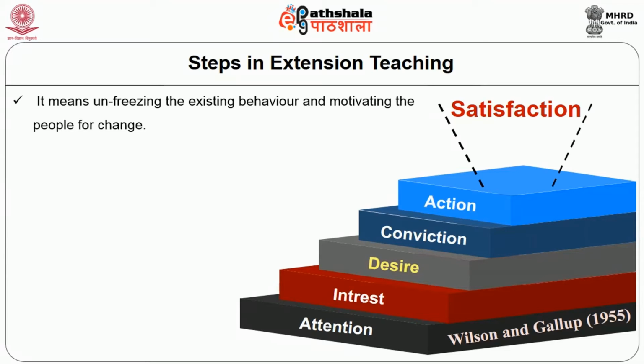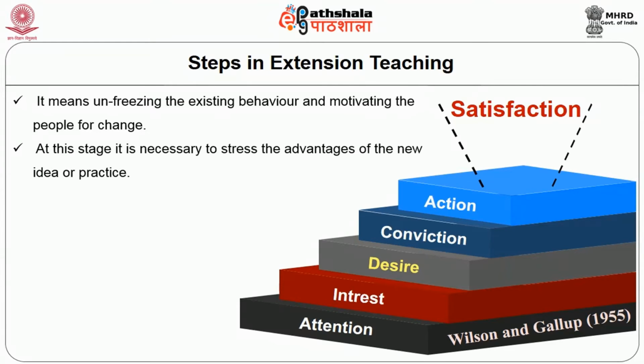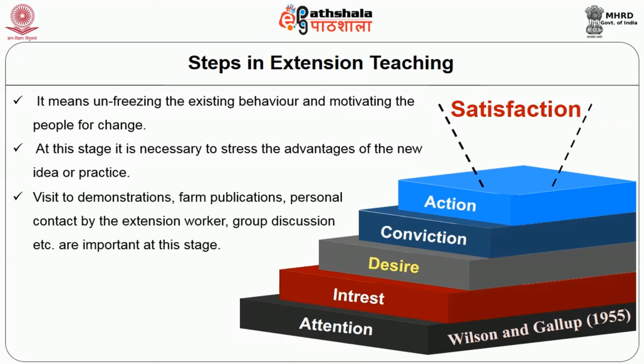The third stage is desire. It means unfreezing the existing behavior and motivating the people for change. At this stage, it is necessary to stress the advantages of the new idea or practice. No one may be interested unless it has some advantages over the existing idea. So additional information should be given to arouse their desire.